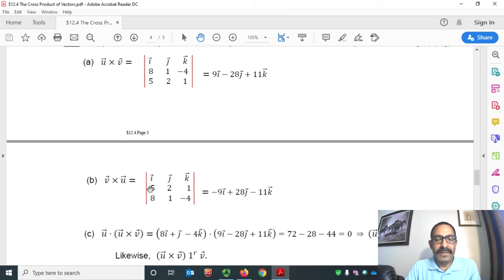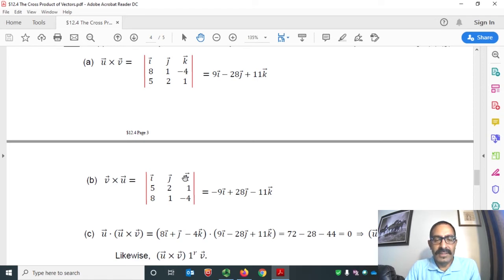Then we have the 2 by 2 determinant 5, 1, 8, -4. Multiply diagonally: 5 times -4 is -20, minus 8 times 1 is minus 8, so -28, and from that minus formula, plus 28.